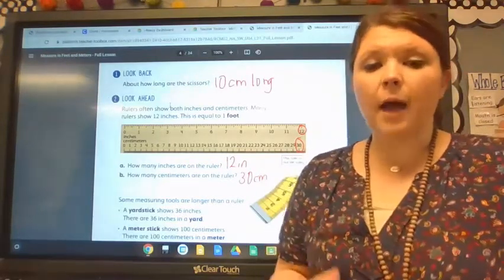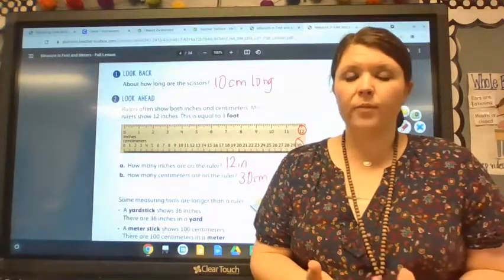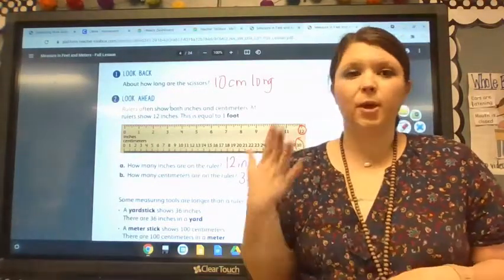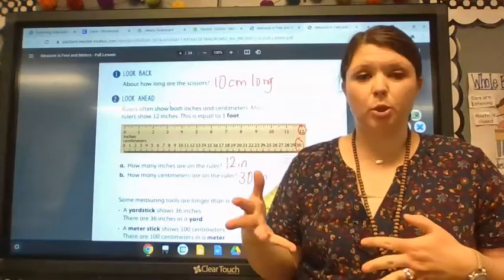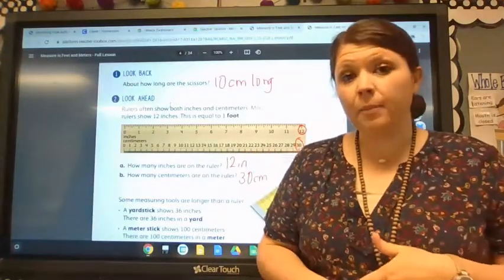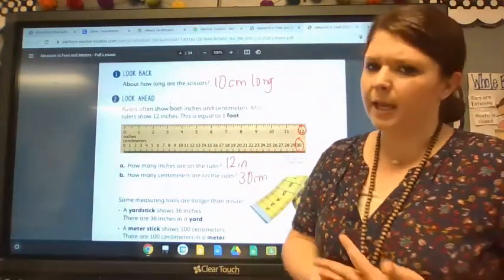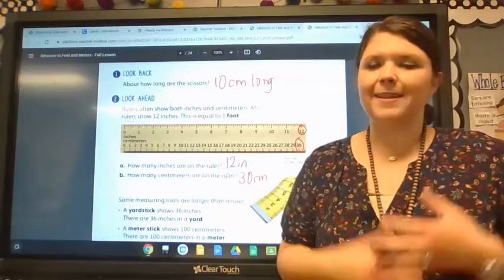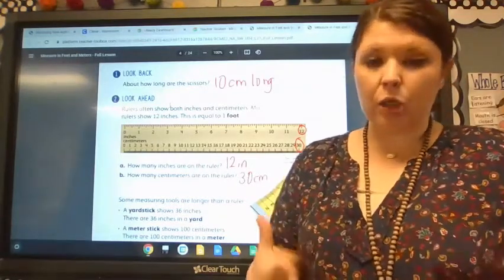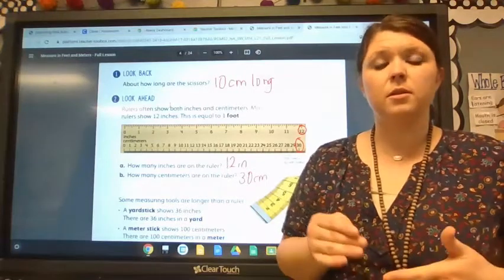Now, our ruler is not the only measuring tool. We pick the appropriate measuring tool or the best measuring tool depending on the item that we choose to use. So let me ask you this. Do you think that centimeters was a good unit of measure to use to measure the scissors?